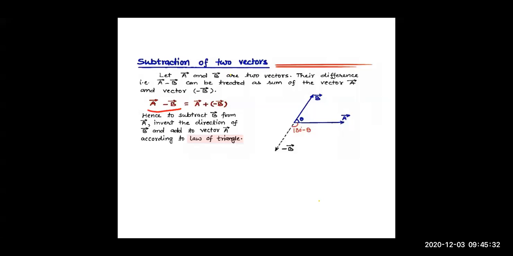Suppose you want to subtract a minus b, then directly we are not going to do a minus b. What we are going to do? We are going to invert it, right? And we are going to put the plus sign only because we want to use the law of triangle. So instead of taking b, we are going to invert it and use minus b in this. The answer will be the same. As we know, plus minus is minus. So this is one and the same thing, right, children?